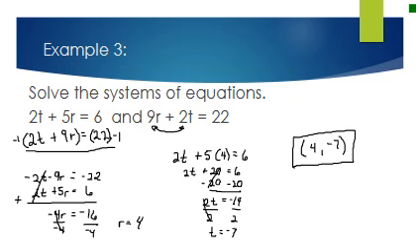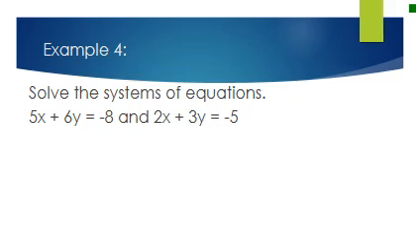All right, looking at example 4. Okay, so I'm going to put the second equation below it. So that gives me 2x plus 3y equals -5. So now looking at this, I see nothing that can be opposites. All my numbers are different.